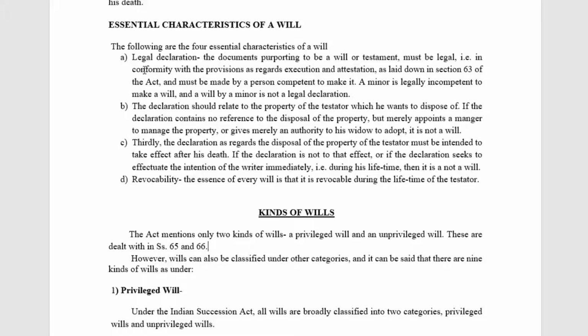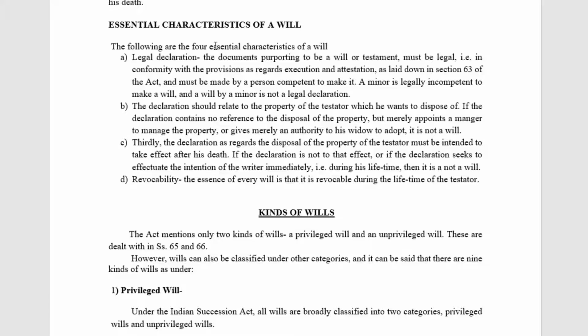That means there should be a testator who makes the testimony with regard to the devolution of property, and there should be a legal declaration with regard to devolving the property, and it should be followed by the necessary requirements which have been laid down under section 63 of the Act. Here what we have to see is the minimum requirements, what are all the conditions for the making of the will.